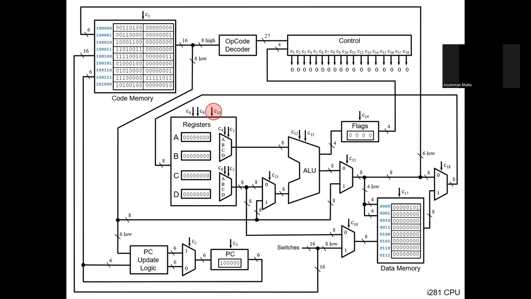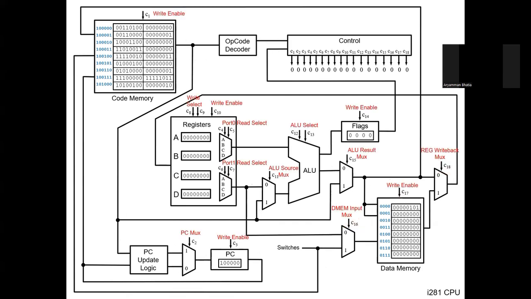C1 through C18. I'll not continue going through the individual ones, but they're all basically select pins, enable pins, etc. to do different tasks for the CPU. And they're written over here. Yeah, like C3 is the write enable for the program counter, etc.